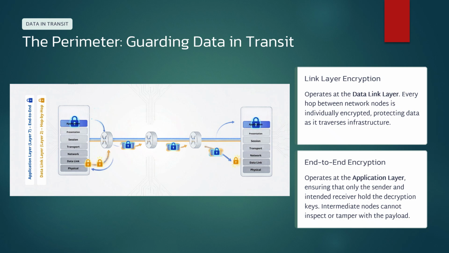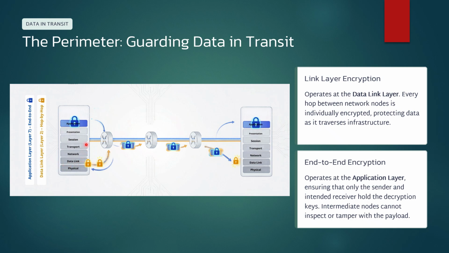So data in transit, from a concept point of view, there are two types of encryption that can help to secure the data, that is link layer encryption and end-to-end encryption. Link layer encryption is done at the data link layer and end-to-end encryption is done at the application layer. These two layers are a part of the OSI model.